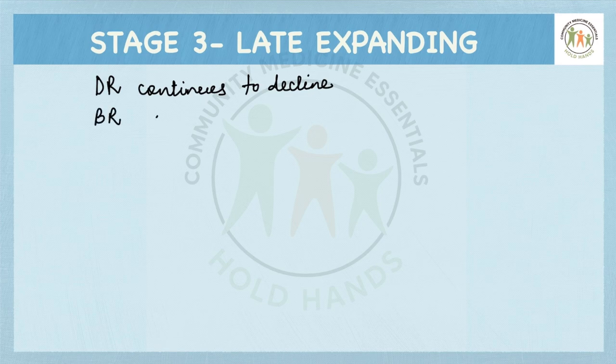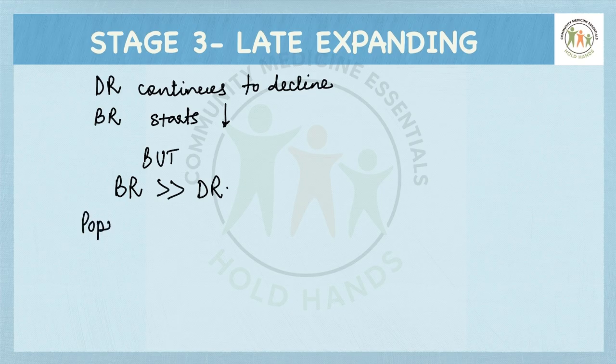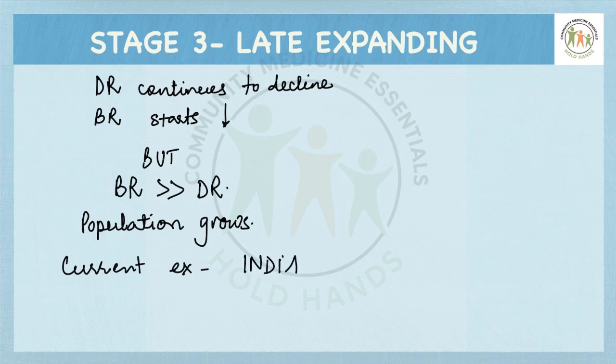Birth rate starts decreasing, but birth rate is still higher than death rate. So here also in this stage population grows. Current example, India. So India is in late expanding stage.